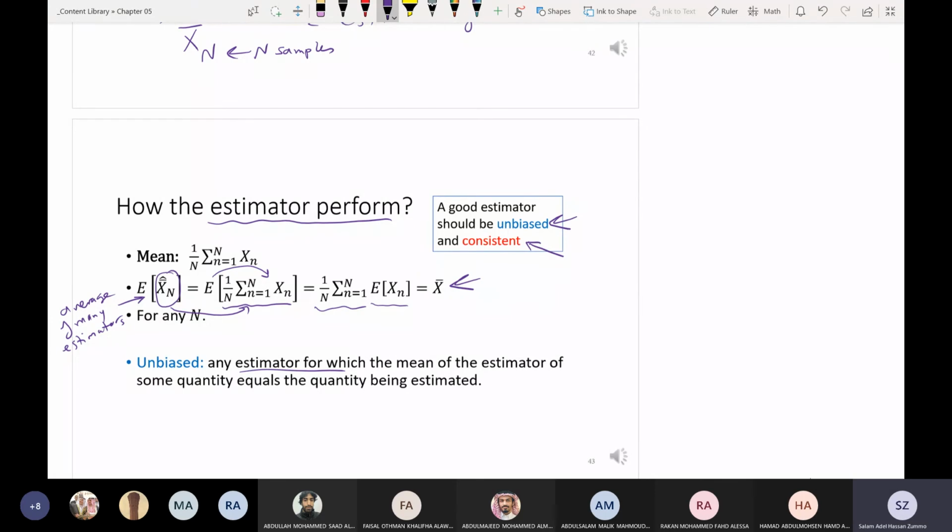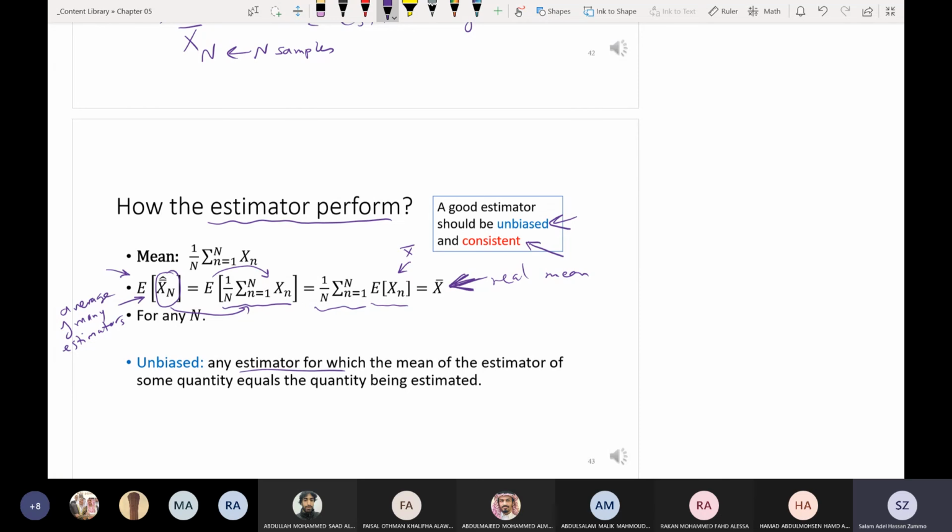And I know that this is equal to x bar. So basically I have x bar here. So if I repeat the estimation many times and take their average, I will get the real mean.